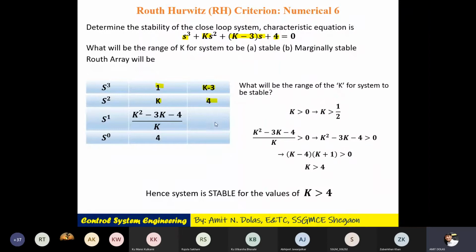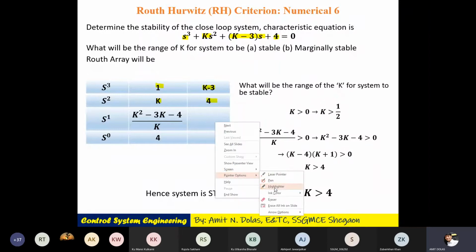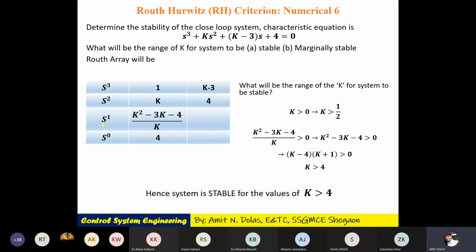Later on, you know the rules to calculate the next coefficient of s to the power 1. So this is calculated like k into (k minus 3) minus 1 into 4, divided by k itself. So it comes k square minus 3k minus 4 divided by k. And for the next s to the power 0, this 4 will be here. So this is how the Routh table is created.